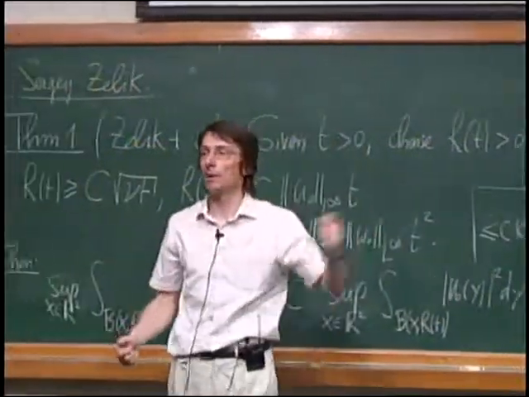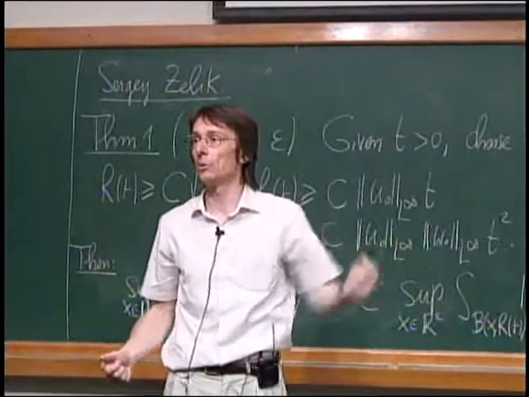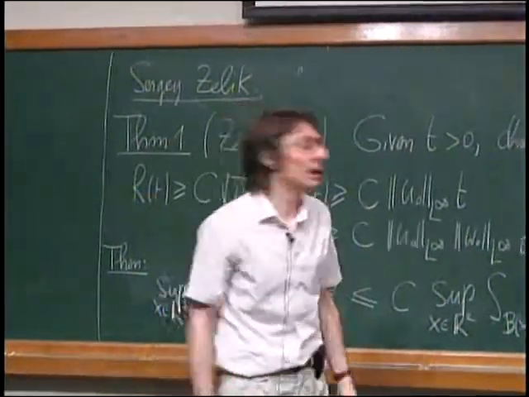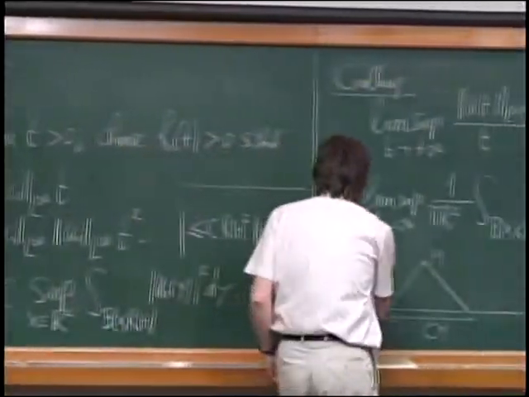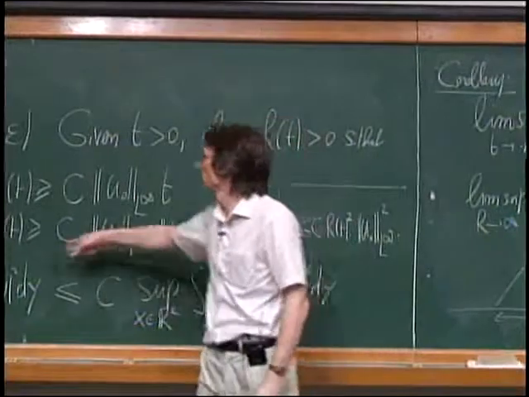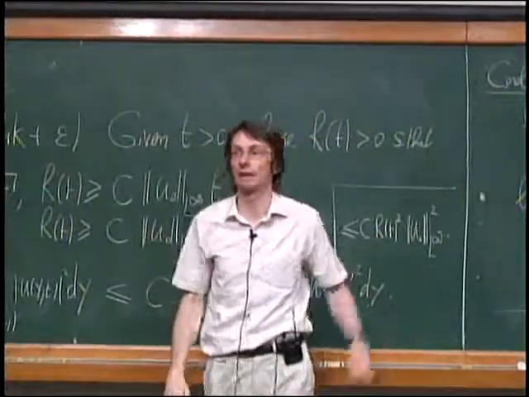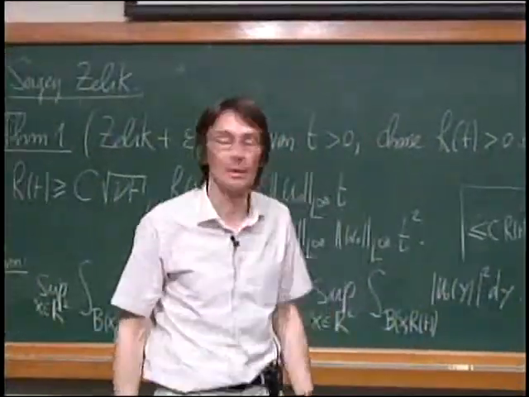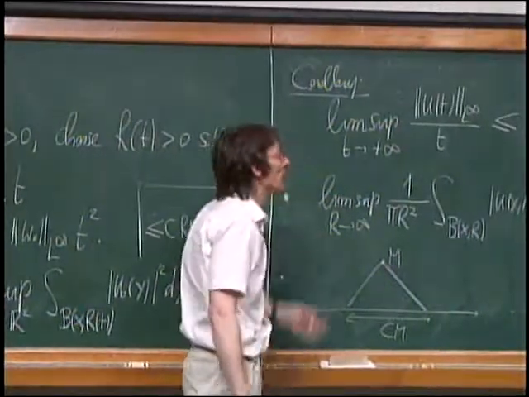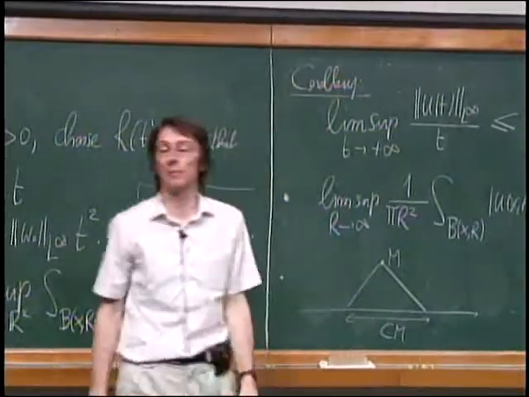So m to the power 4 is bounded by a constant times t to the power 4, so m can grow at most linearly like t. Okay, so this is the proof of the corollary from exactly this. And if you take the explicit expression of r, you get exactly that. So this is a very easy observation. Good. So this is all I wanted to say concerning the problem in R2.